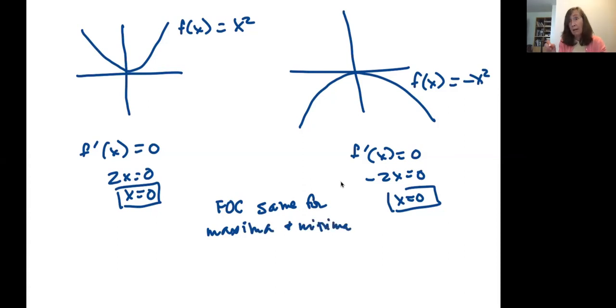We can't tell from the first derivative if that critical point that we found corresponds to the bottom of the canyon or the top of a mountain. So the final step in solving your basic, most simple optimization problem, after you've taken the first derivative, set it equal to 0, and solved for the critical points, is to classify those critical points. That's the last thing we're going to do here.